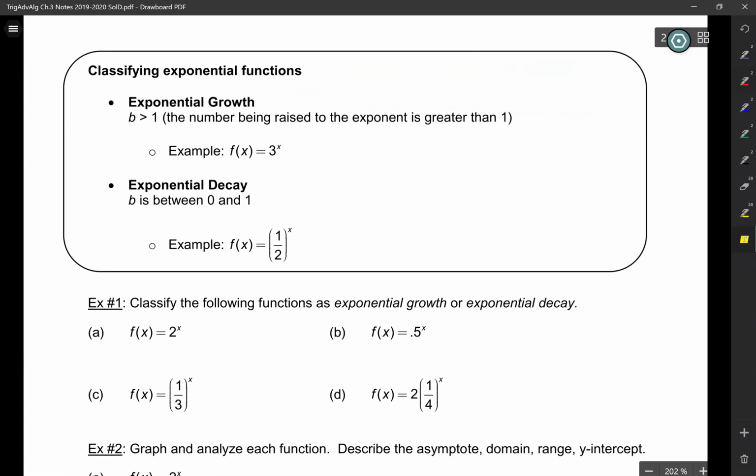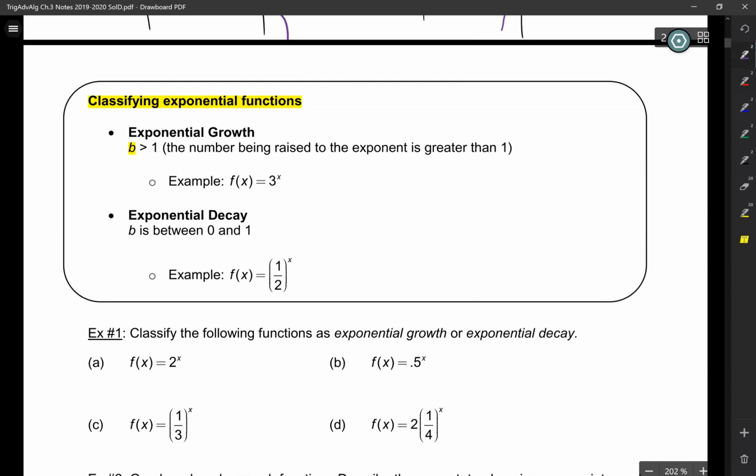But how about given a function? If you have the function, in order to tell if something is growth or decay, you have to look at this value b. Okay, so what is b? The general form of an exponential function is y equals a b to the x. That x, the exponent, belongs to the b.